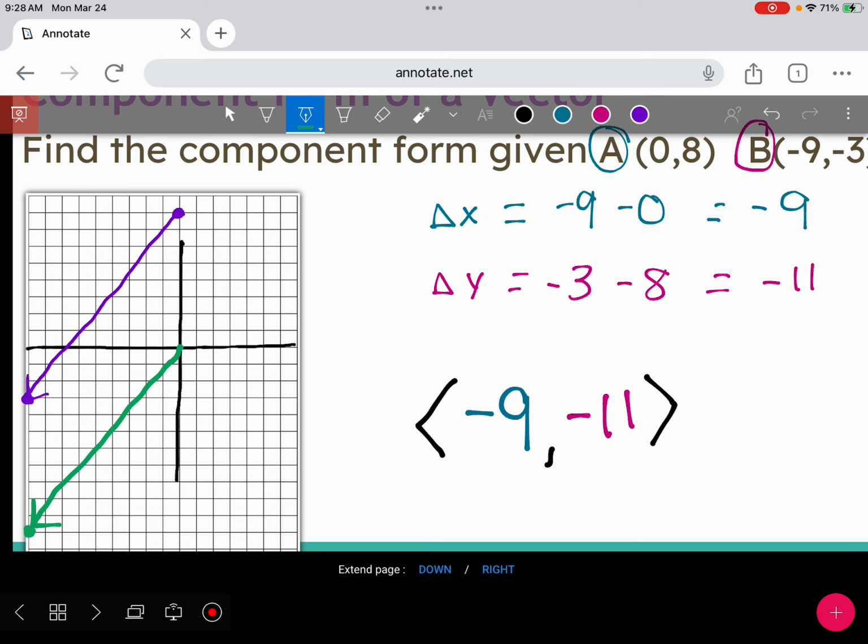That puts the initial point at the origin, home base, and our terminal point is then at -9, -11. So the component form just resets it so that the initial point is the origin. So it's weird and kind of foreign, but the calculation part is not super duper difficult.